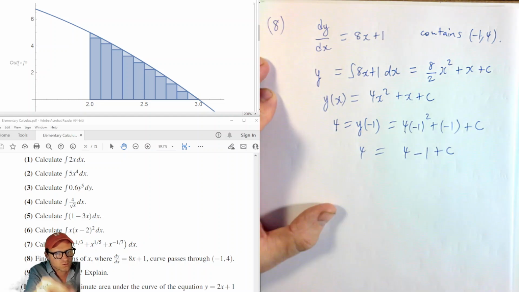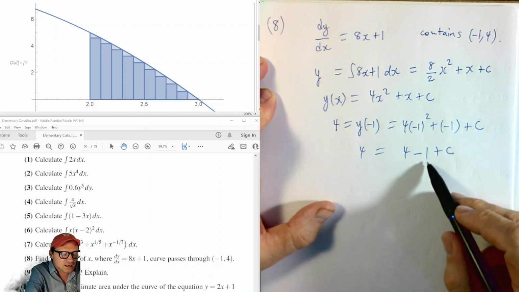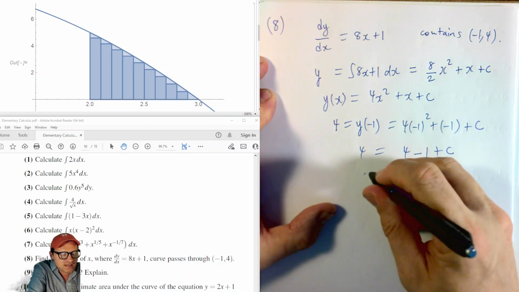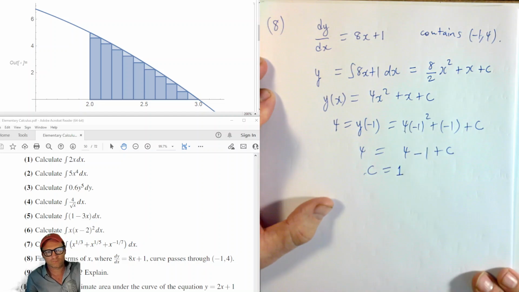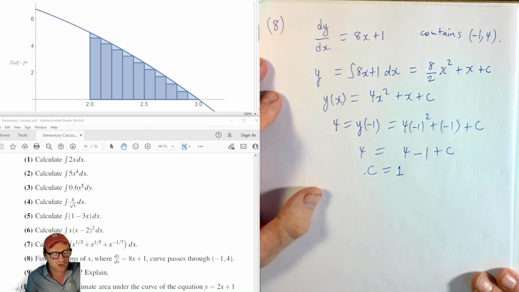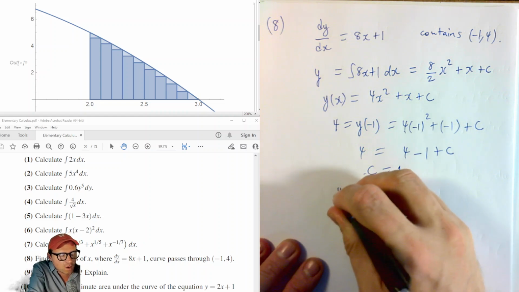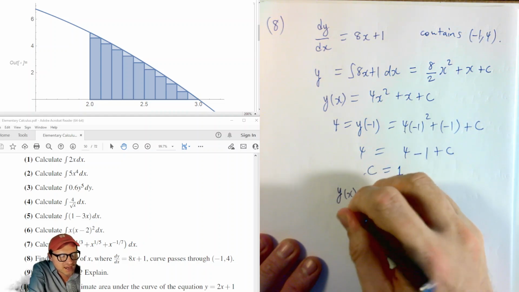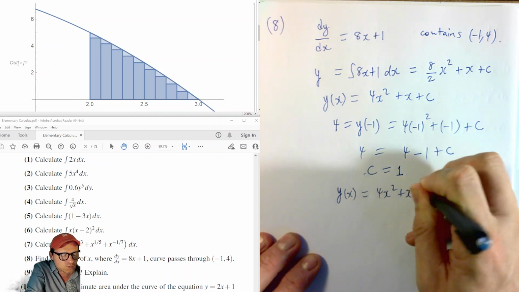So canceling the 4's on both sides by subtracting 4 from both sides, and let's add 1 to both sides, then we get c has to be equal to 1. All right, so c is 1. Now we see y as a function of x is equal to 4x squared plus x plus 1.